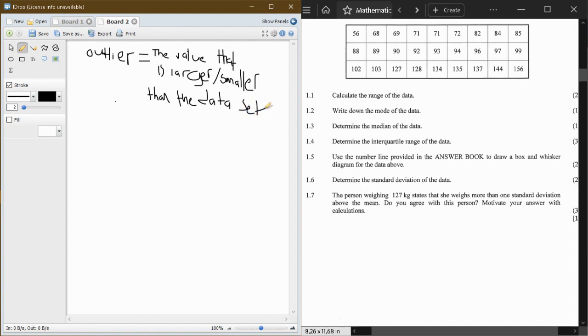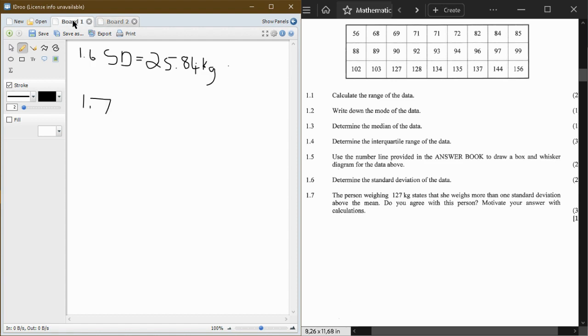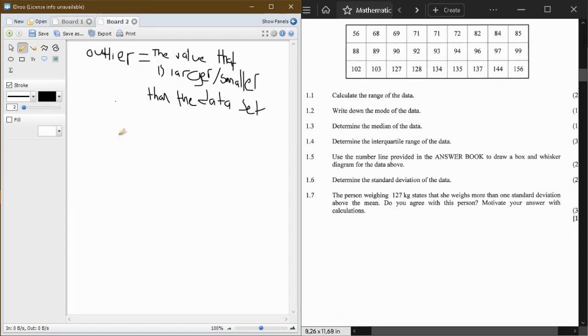Now, this person weighing 127 states that she weighs more than 1 standard deviation above the mean. The first thing when you calculate your outlier is that it has a formula.